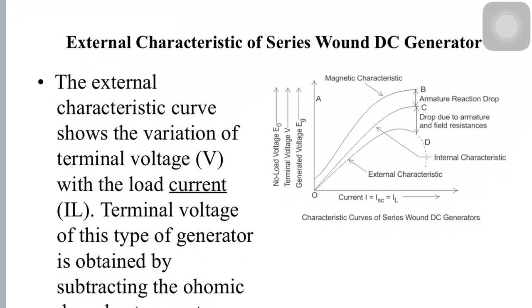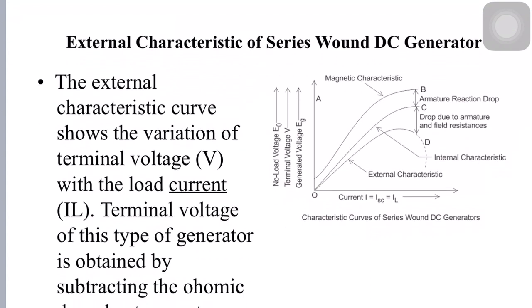And if we observe the characteristics of the series wound DC generator, when load current increases, the terminal voltage of the machine increases, but after reaching its maximum value it starts to decrease.